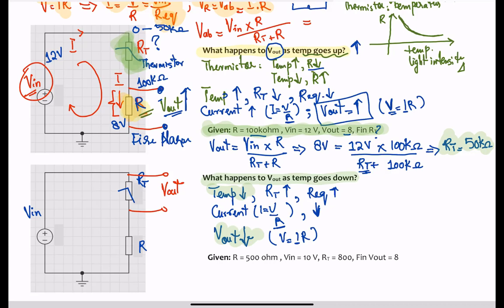Similarly, just like before, we can map the values of V out to some temperature, and if V out goes below a certain level, it can actually turn the heat on.